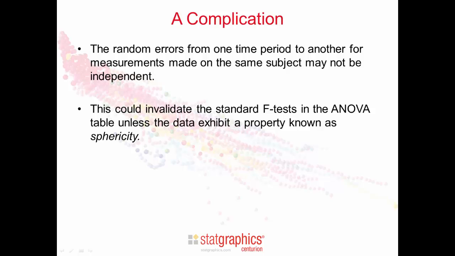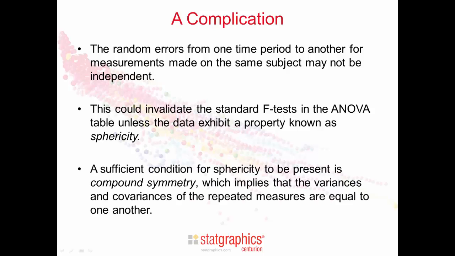This could invalidate the standard F-tests in that ANOVA table unless the data exhibit a property known as sphericity. A sufficient condition for sphericity to be present is compound symmetry. Compound symmetry implies that the variances and covariances of the repeated measures are equal to one another.